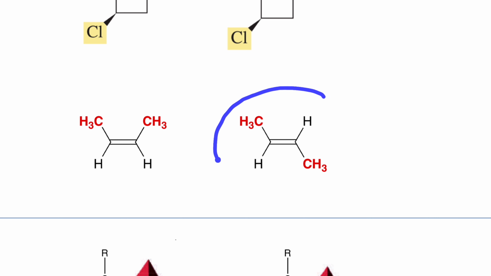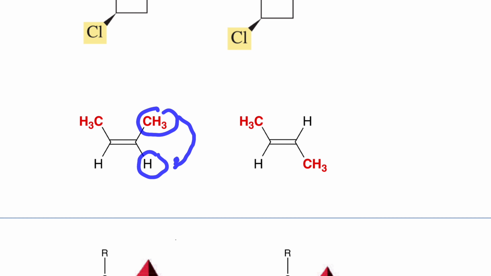In order to generate this particular configurational isomer, we have to interchange the orientation of methyl and hydrogen. You are interchanging the spatial orientation of methyl and hydrogen of this particular carbon. So this particular carbon is said to be a stereo center or stereogenic center, because this center is generating a stereoisomer.